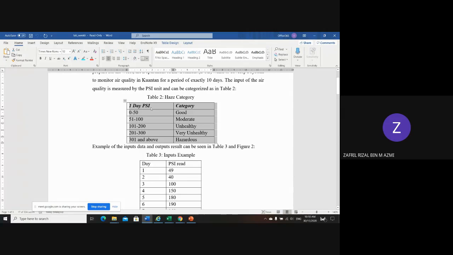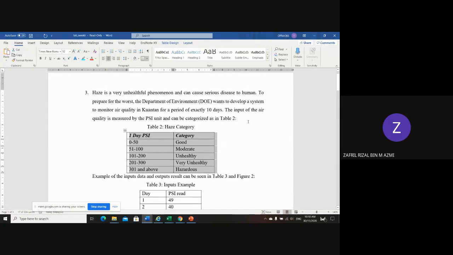So clearly, the input for this system is how many input, class? How many variables for input?